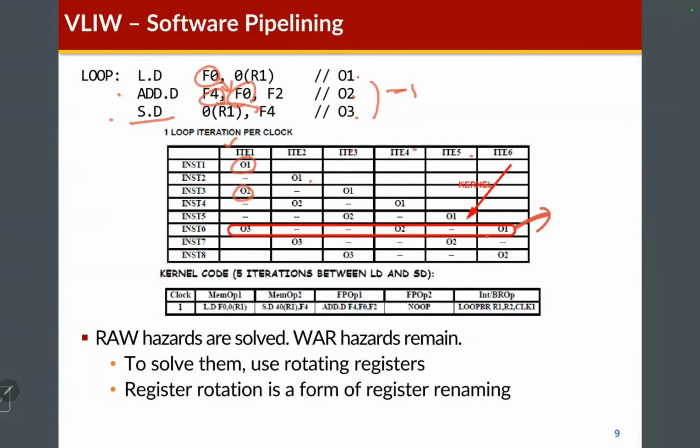If you see this row, you can find that we have O3 here, O2 here, O1 here. Then we can use this row as the repeated kernel of this loop.